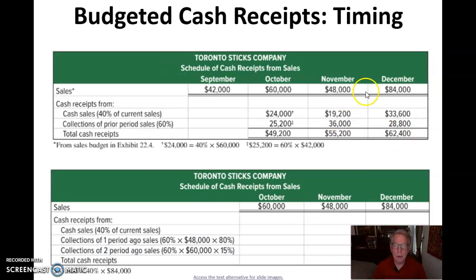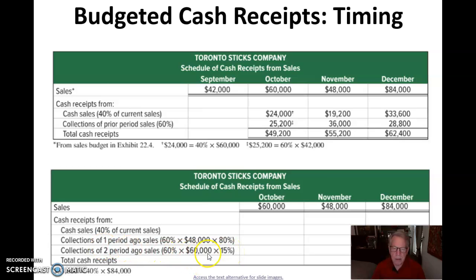All right. So here we're looking at the sales, and now the schedule of cash receipts. Those that we collected from accounts receivable, we're going to collect 80% from one period ago, and the remaining 15% from two periods ago.